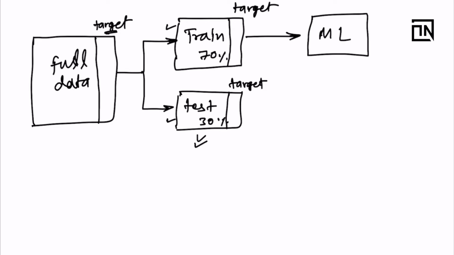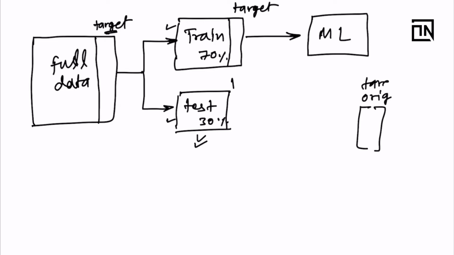So this target portion, let me rub this target portion and bring it over here. This is nothing but my original. I know the answers, I know these values, so I have sent these testing target values over here, and I pass this data to the machine learning algorithm, and this produces some result.